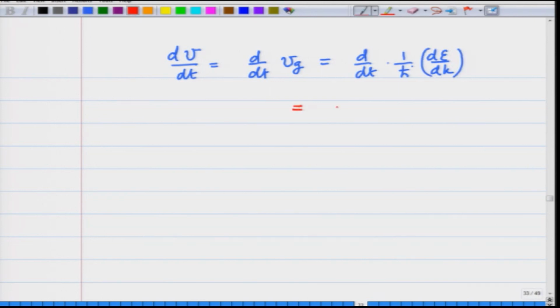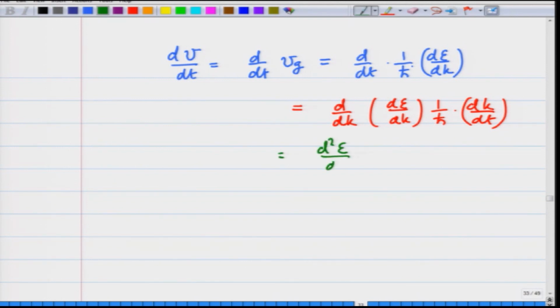This can be written as d by dk of dE/dk times 1 over h cross dk/dt. I can further write this as d2E by dk square times 1 over h cross square times h cross dk/dt.